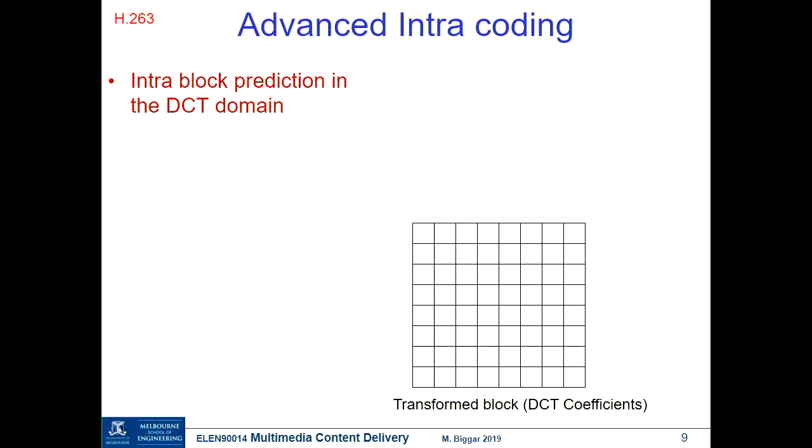There's a new range of a couple of different new still image coding methods that are replacing or starting to possibly replace JPEG, and they have come out of efforts to improve the intra-coding in video.